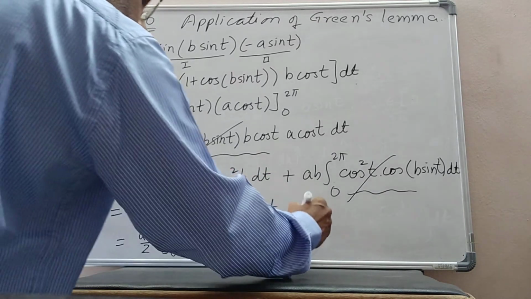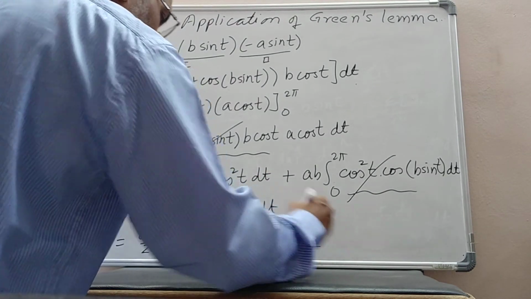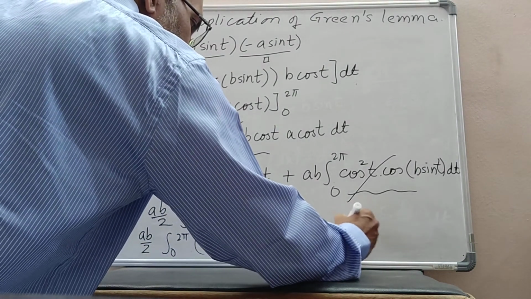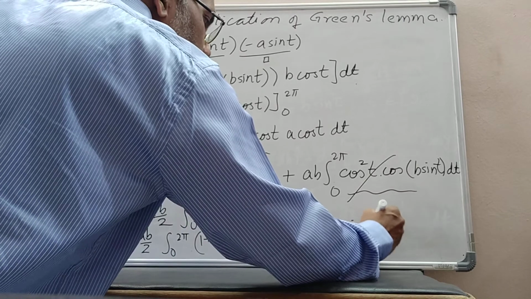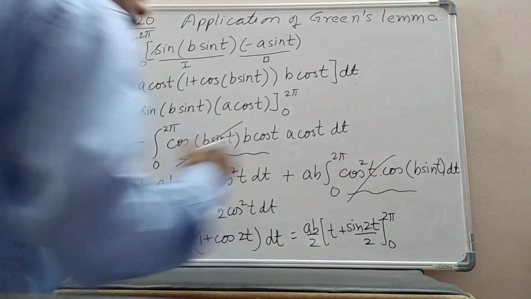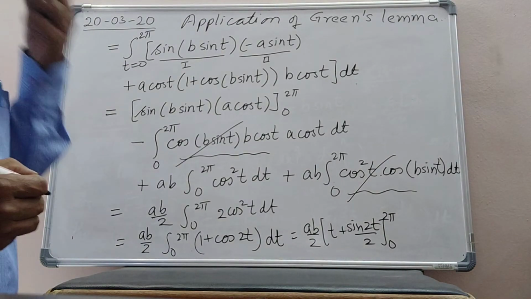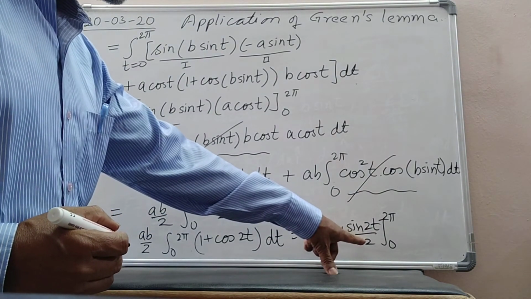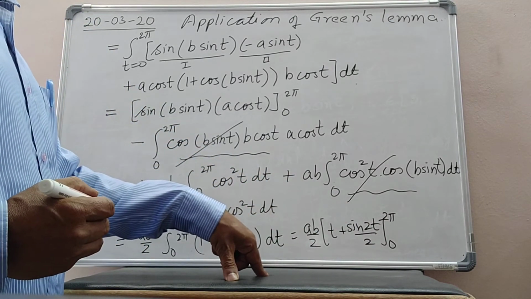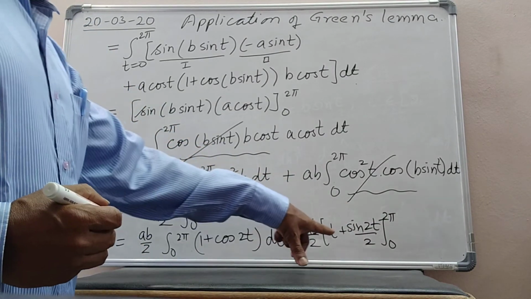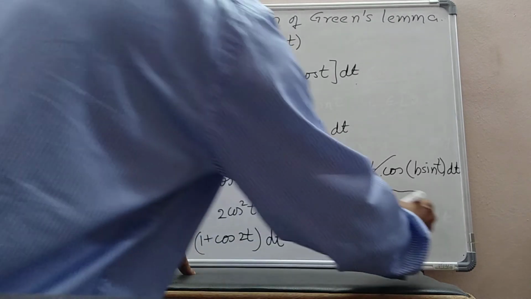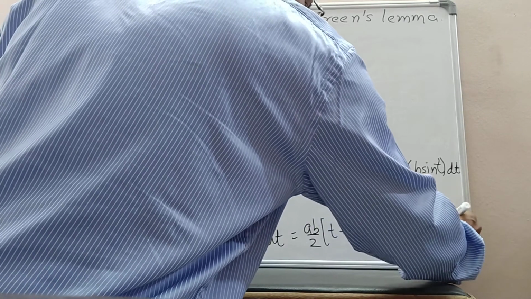This is equal to AB by 2, and the integration of this is t plus sine 2t upon 2, 0 to 2 pi. The contribution of this, whether it is the upper limit or the lower limit, is nothing. It's 0. The contribution of this term is there only from the upper limit, and I think it's clear that what you get is pi AB.